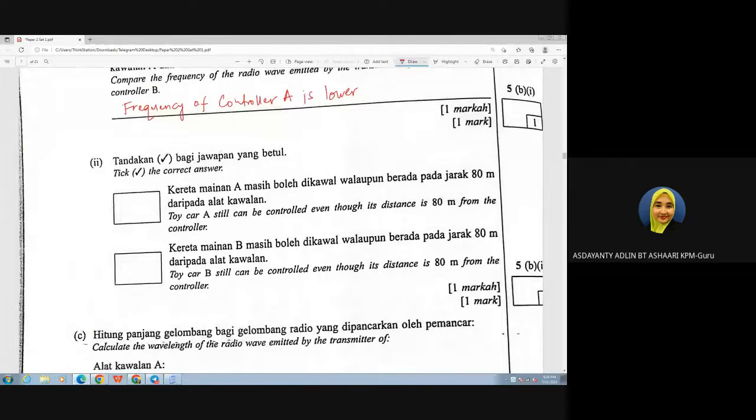Which one is the best one? Toy car A still can be controlled even though its distance is 80 meter from the controller. Toy car B still can be controlled even though its distance is 80 meter from the controller. So which one is the best answer? Box number 1 or box number 2?